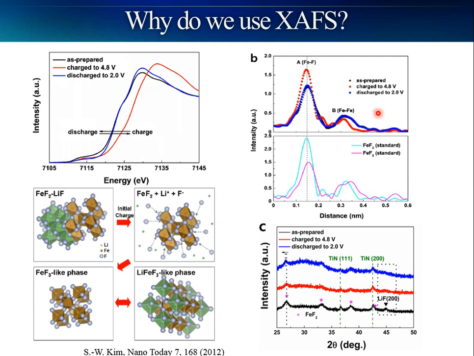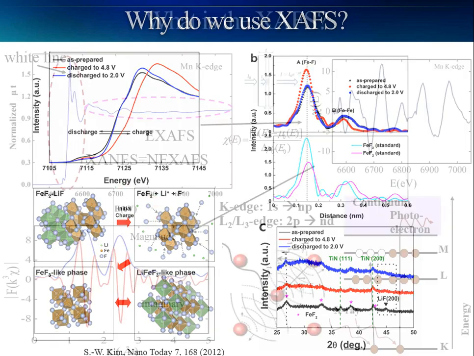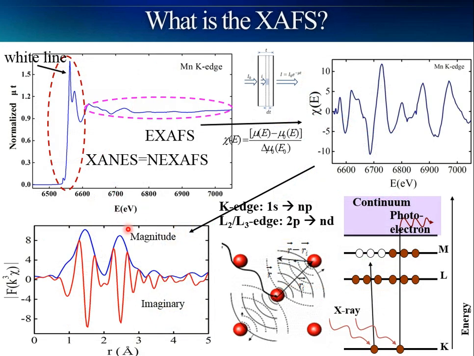From the XAFS, they identify the structural properties during the battery cycle, like that. Okay, until now, I have presented the examples of XAFS analysis. So you can see the reasons why we use XAFS and how we can apply it to the research.